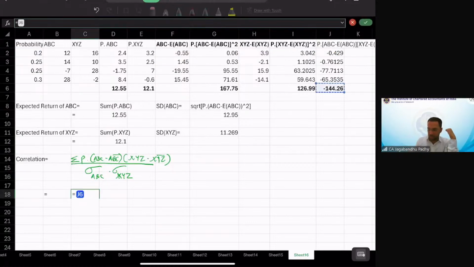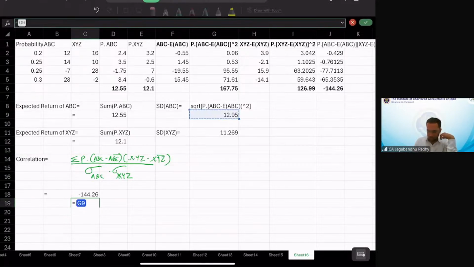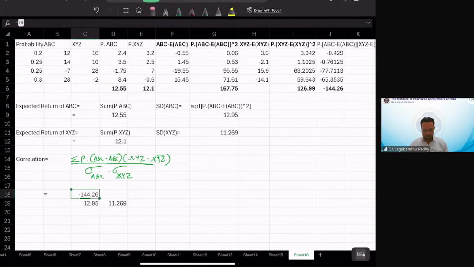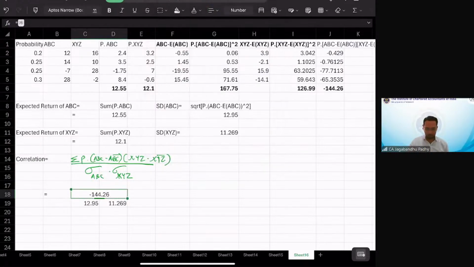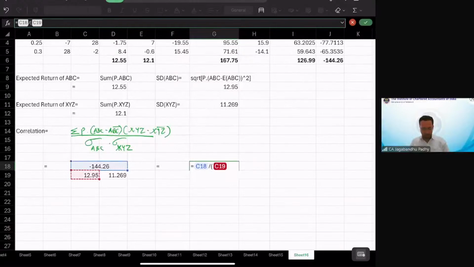So this is our numerator, which is 144.26. The denominator has a standard deviation of 12.95 and 11.269. So what will be the correlation number? It will be this divided by 12.95 and 11.269.